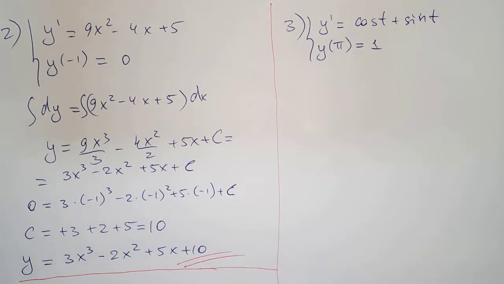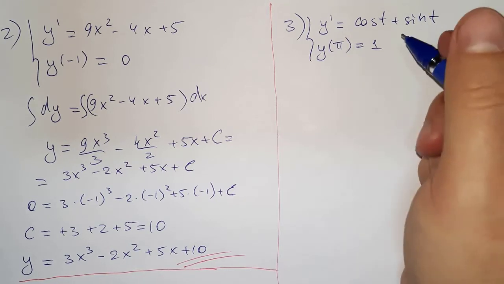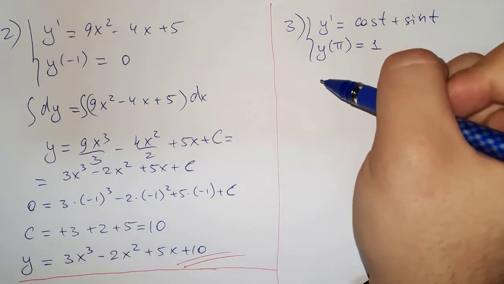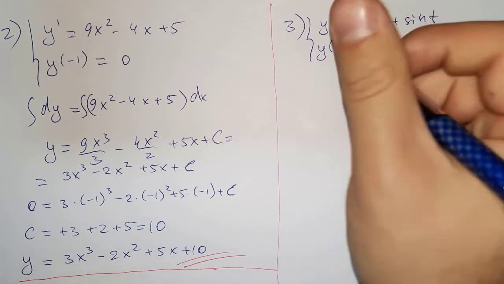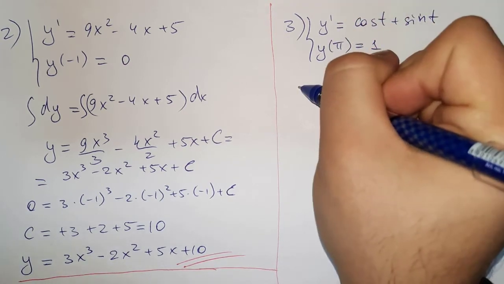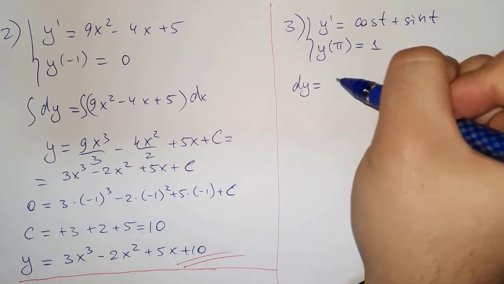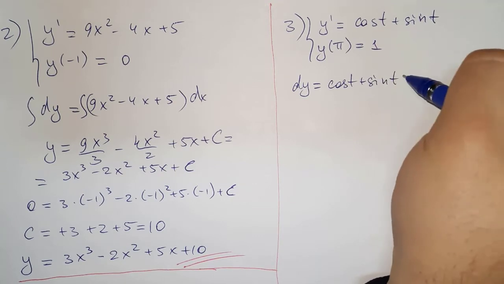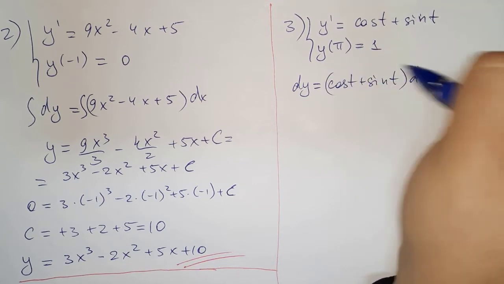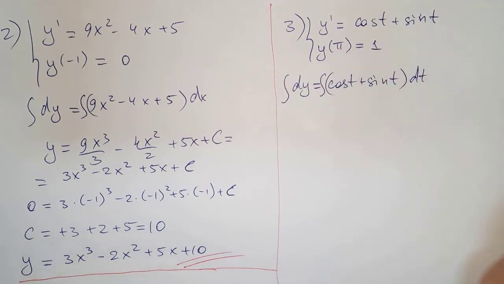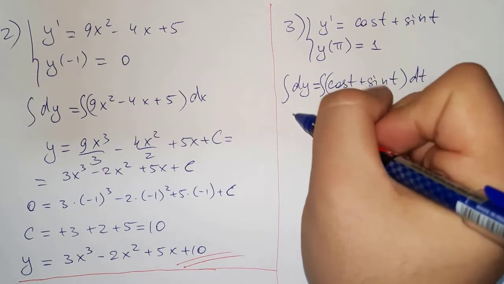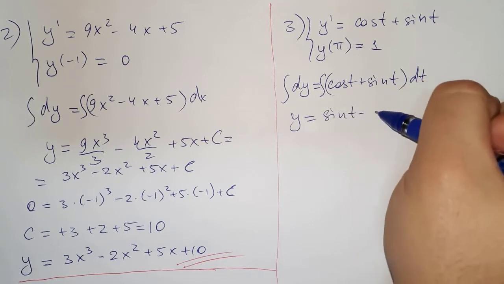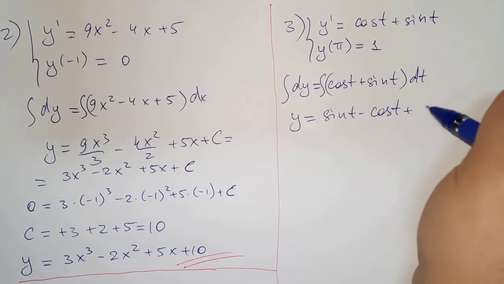So the first step, again, is finding y, and then defining the constant. So dy is cosine t plus sine t dt, and we integrate both sides of our equation. We get y equals sine t minus cosine t plus a constant.